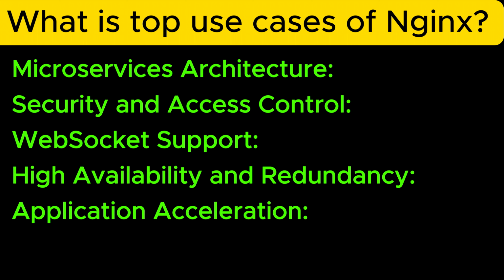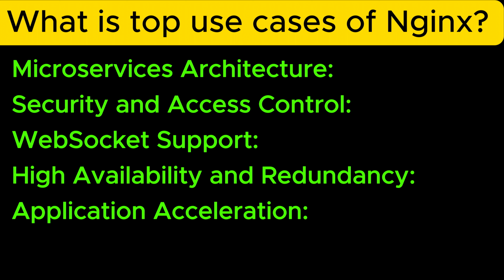Another main important benefit is security and access control. It also allows us to do whitelisting of IPs, set rate limiting, and block malicious requests. It helps protect web applications from common security threats as well.